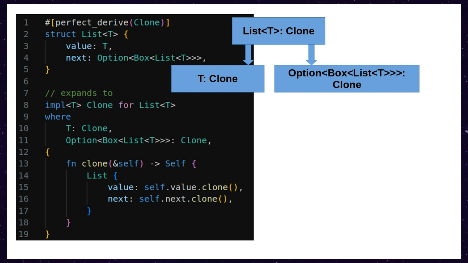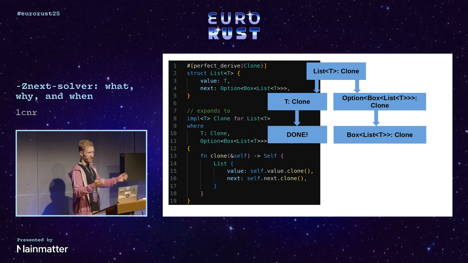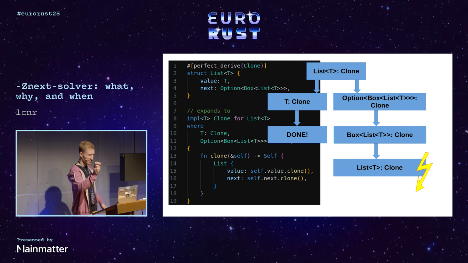First, we need to prove that T is Clone, and that Option<Box<List<T>>> is Clone. T: Clone is easy. We had a where clause again that T is Clone, so we're done. The Option<Box<List<T>>> uses an impl. So now we have to prove that Box<List<T>> is Clone. And now we have to prove that List<T> is Clone again. That's where we started. And those sort of cycles are sometimes fine, sometimes they aren't.